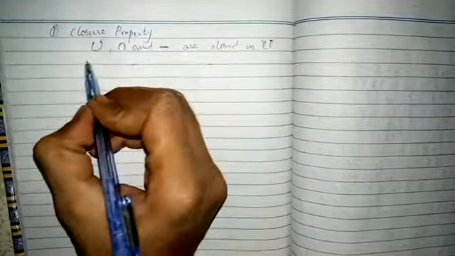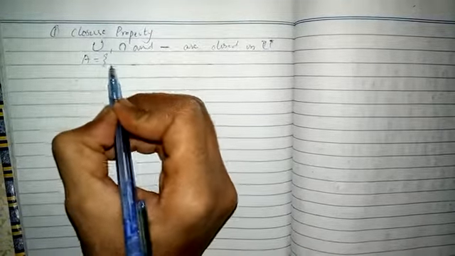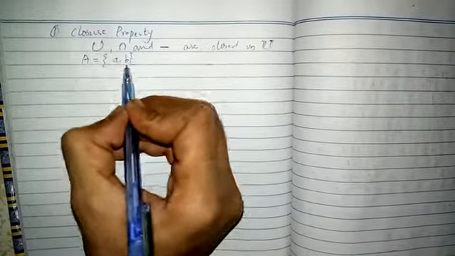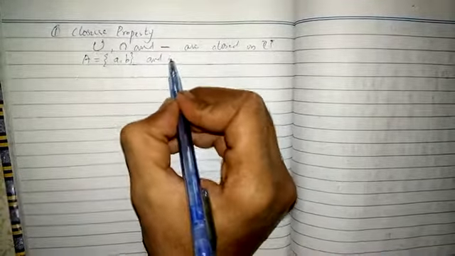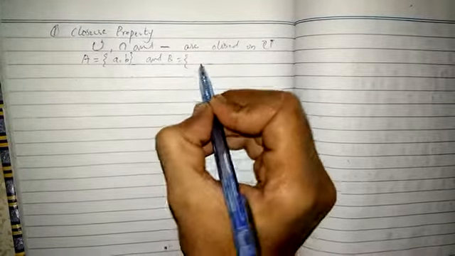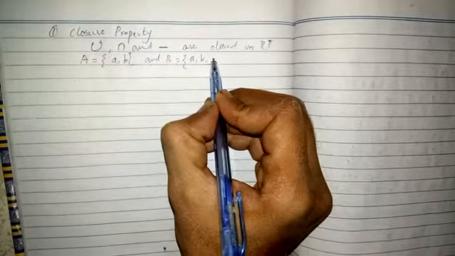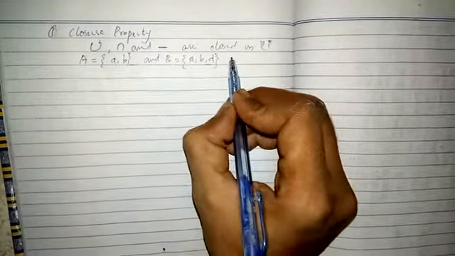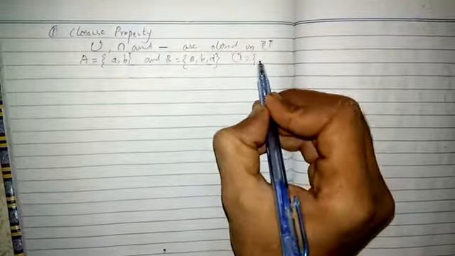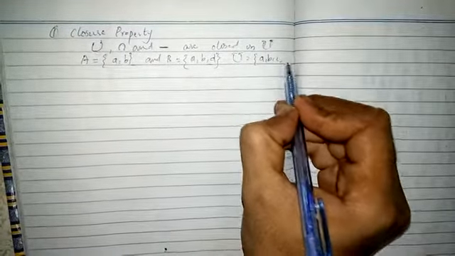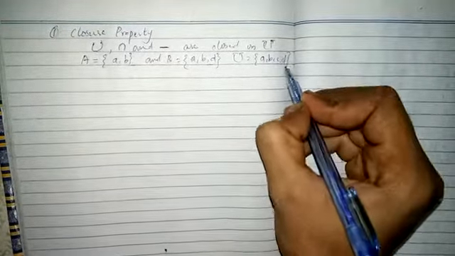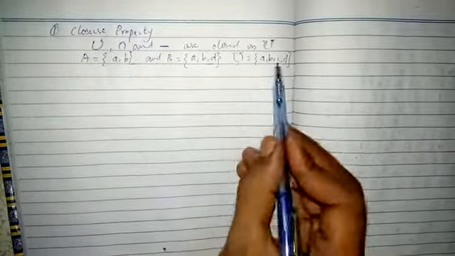Let us discuss an example. A is the set of A and B, and B is the set of A, B and D, and the universal set is A, B, C and D. So these are the three sets. The universal set is predefined here.